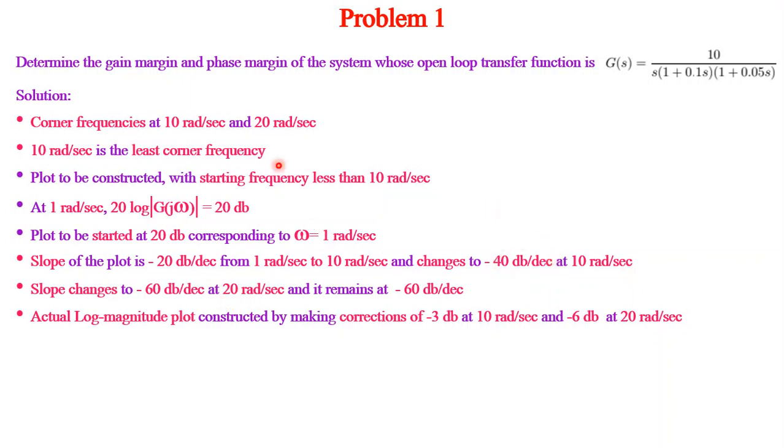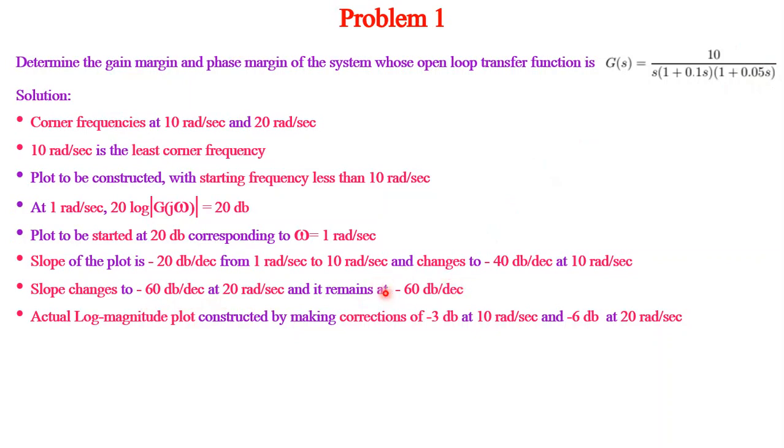After that, at 20 radian per second, the slope again changes. It changes to minus 60 dB per decade because the Bode plot is influenced by the factor 1 by 1 plus 0.05s, whose corner frequency is 20 radian per second. So after 20, this also plays its role: minus 60 dB per decade.